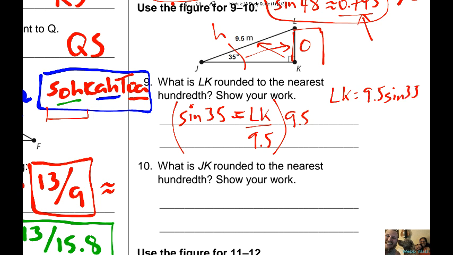In your calculator, press 35, sine, you'll get 0.57 something multiplied by 9.5. And for LK, you should get approximately 5.448. They say round to the nearest hundredth, so I'll round up to 5.45. And this is meters. Okay, so that's how the cookie crumbles.